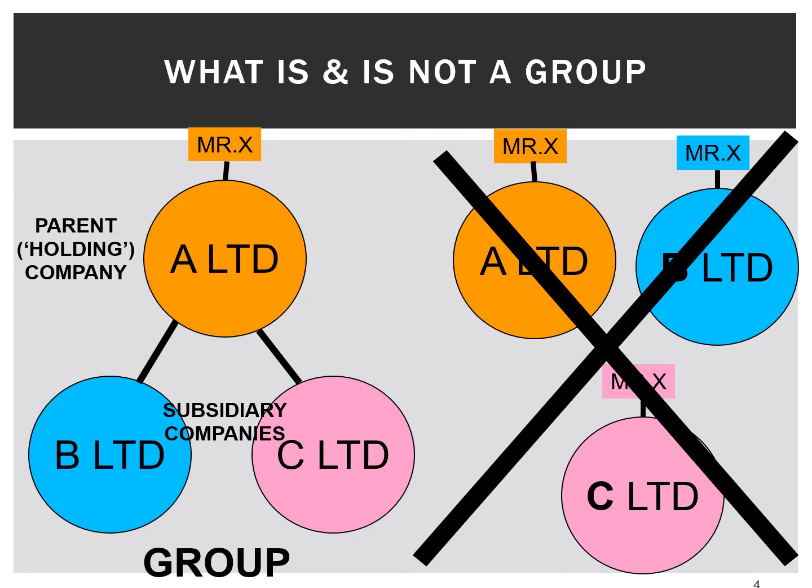We only have a group of companies, and we only have a need for group accounts where we've got one limited company owning shares in other limited companies. If Mr. X or the other investors own the shares directly in each company, there's no need for group accounts. It's only this first arrangement on the left-hand side of the slide where we need to produce those consolidated financial statements.